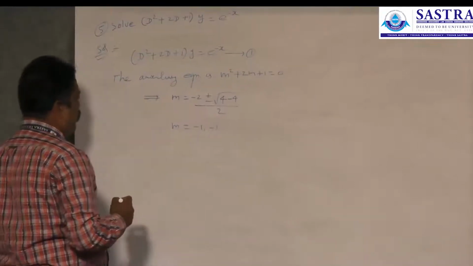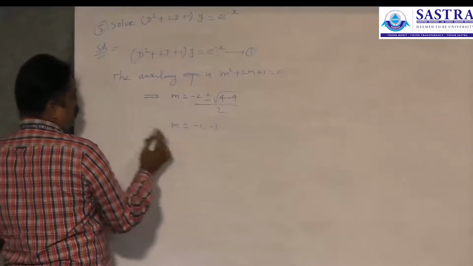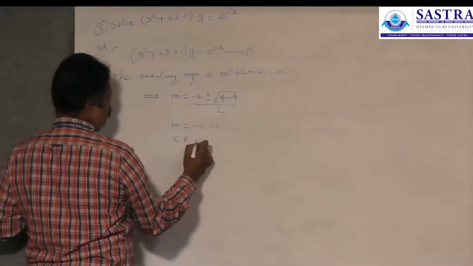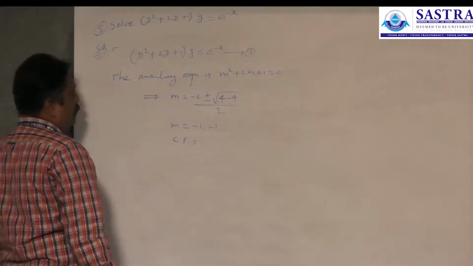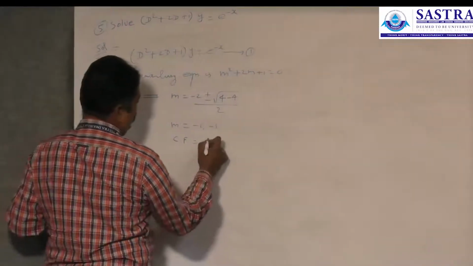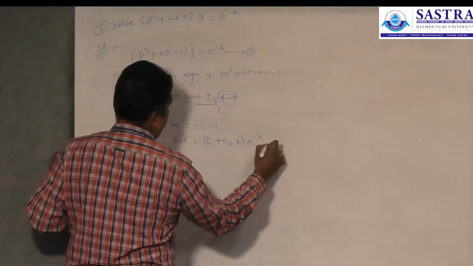So minus 1 comma minus 1. So repeated case, actually belongs to case 2. Real and repeated roots. Complementary function comes out to be c1 plus c2x, e to the power minus x.